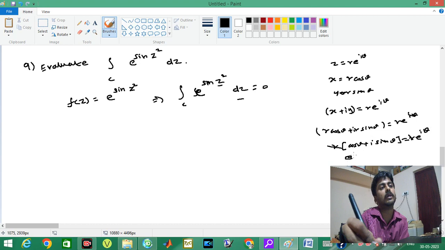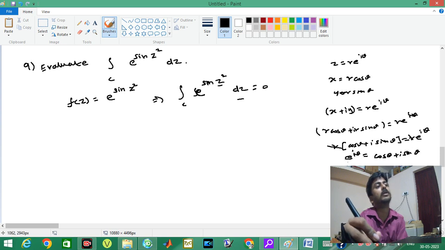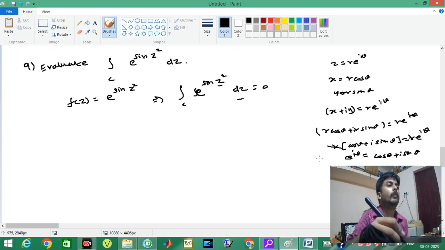Therefore e power i theta, the exponential function, equal to cos theta plus i sin theta. So we convert these functions to polar coordinates so that you can relate the exponential function and the trigonometric function.